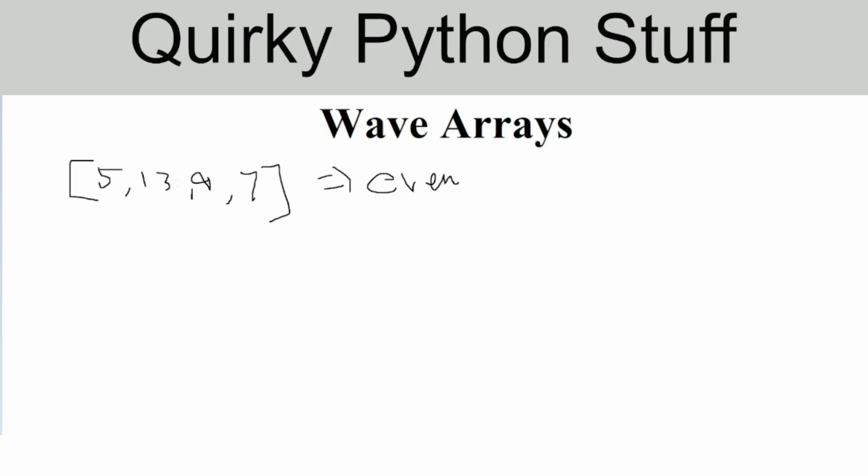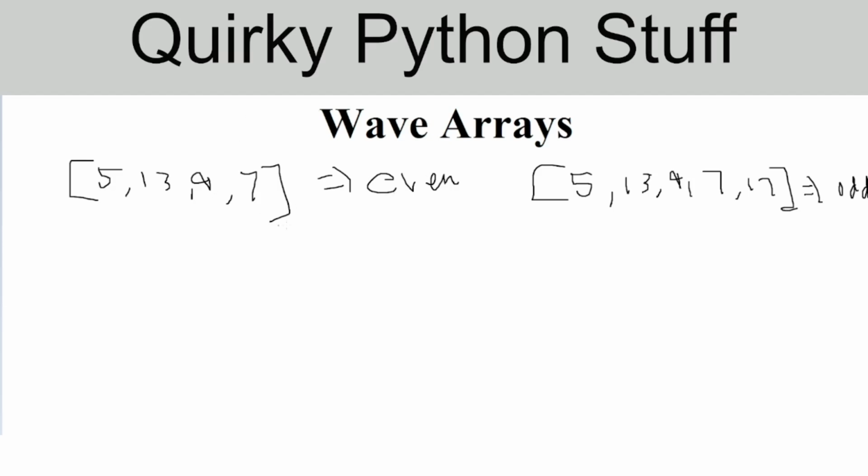So this is one case. There's another case wherein you can have 9, 7 and 17. Here we have an odd number of elements. These are randomly created lists which have even and odd number of elements respectively.